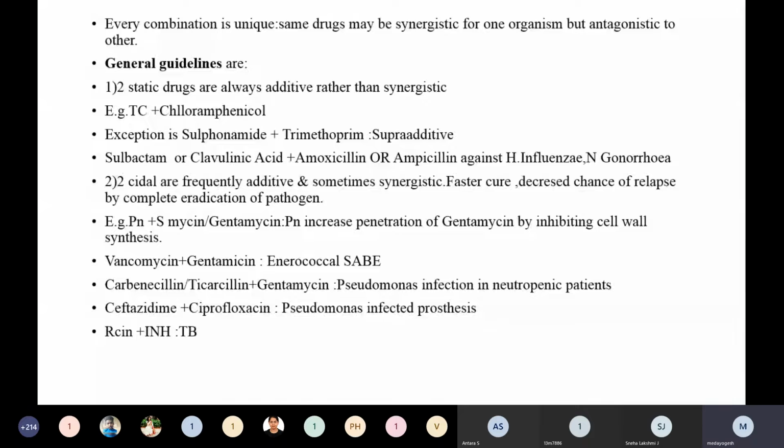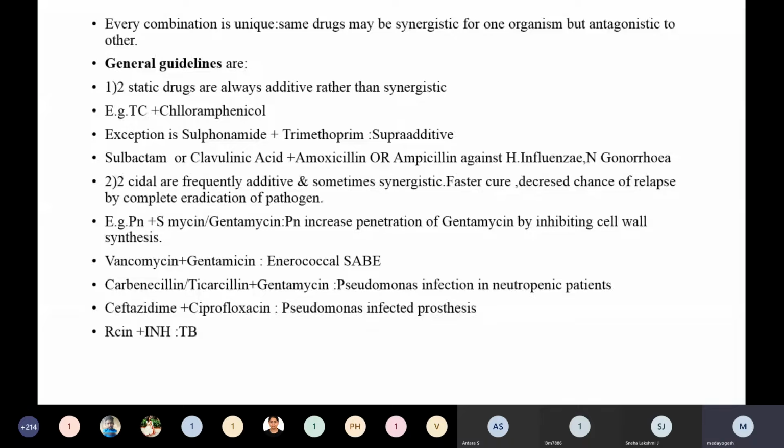The next example is carbenicillin or ticarcillin plus gentamicin in treatment of Pseudomonas infection, especially in neutropenic patients. To treat a Pseudomonas infected prosthesis, we can combine ceftazidime with ciprofloxacin.